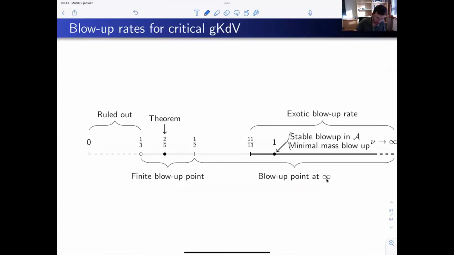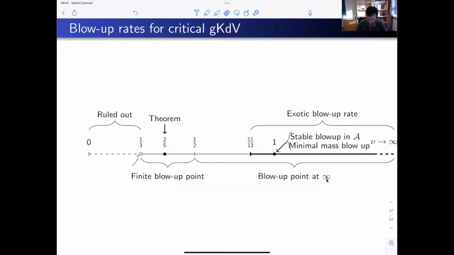What I would like to do is present this figure to summarize all that is known about the blow-up rates now for the critical KdV. This is a work of Martel and Merle that I talk about here. 1/3 is ruled out. By the local theory, all that is below 1/3 is also ruled out.